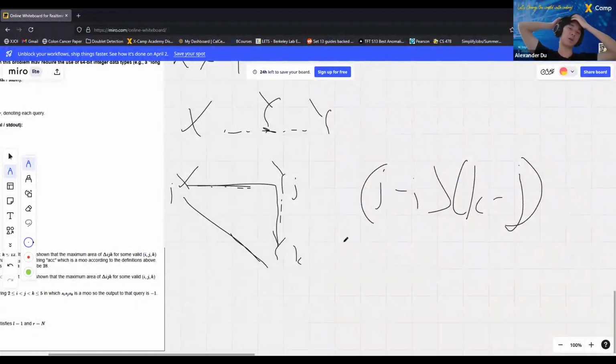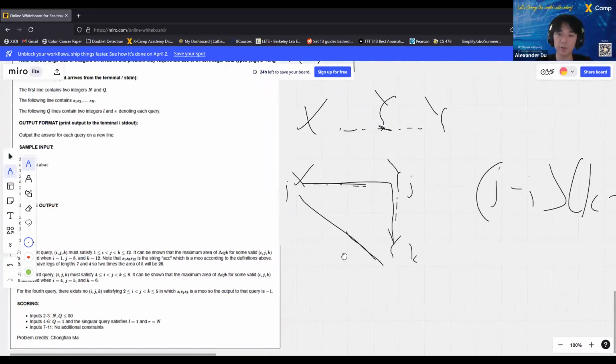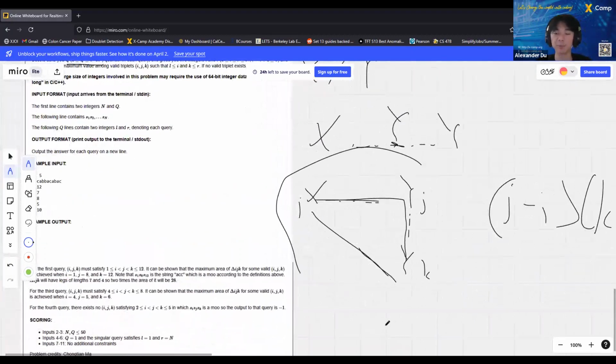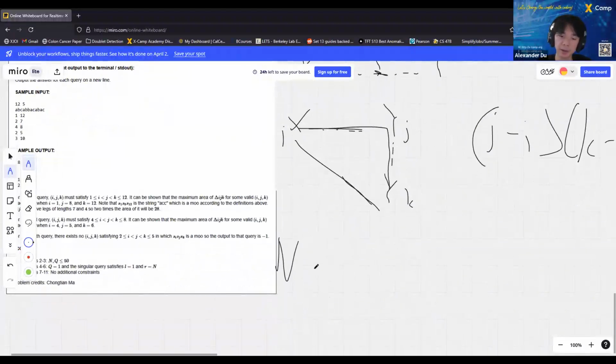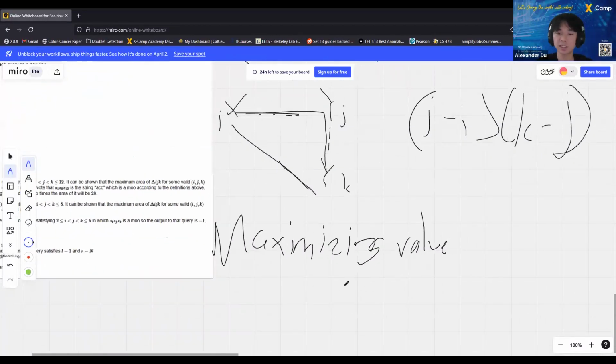Okay, so there's a lot of parts to unpack about this problem. So let's try to work through this step by step. The problem is talking about maximizing value, right? First, let's see how we do this.